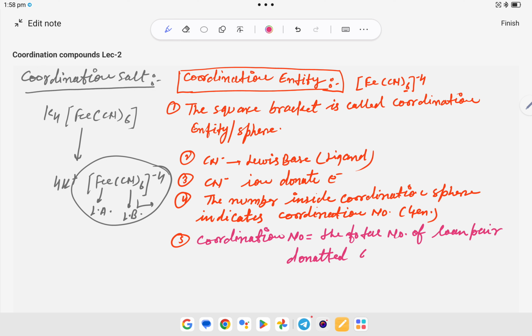So here in that case 6 lone pairs, 2 electrons each.